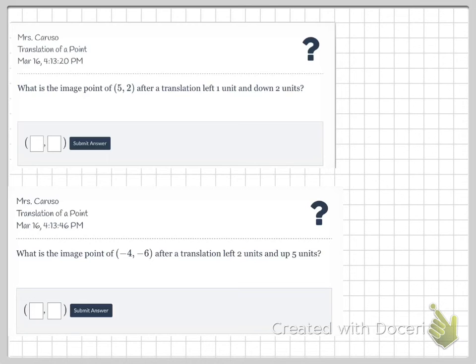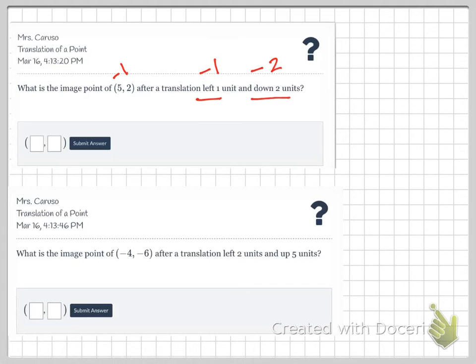Let's try another one. We have left 1, down 2. That's a new combo. Left is negative 1, and down 2 is negative 2, or minus 2. If you're going left and right, they seem to be giving us our x first.